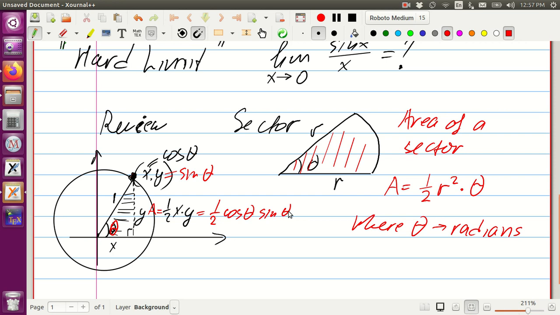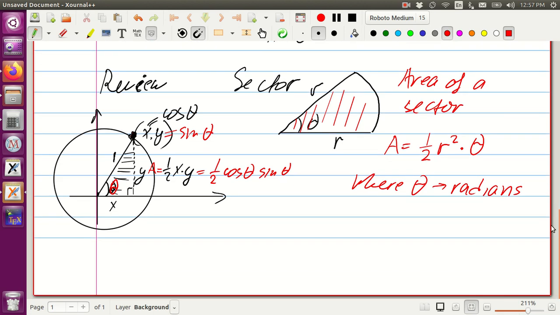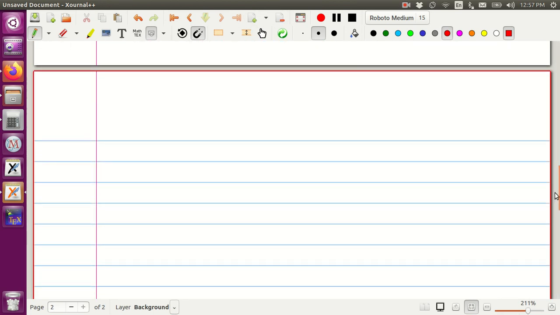Right. So base times height, but base is x, height is y, and they equal cosine and sine respectively. So now we're ready to build this very important geometric construction. I'll make a big picture over here.